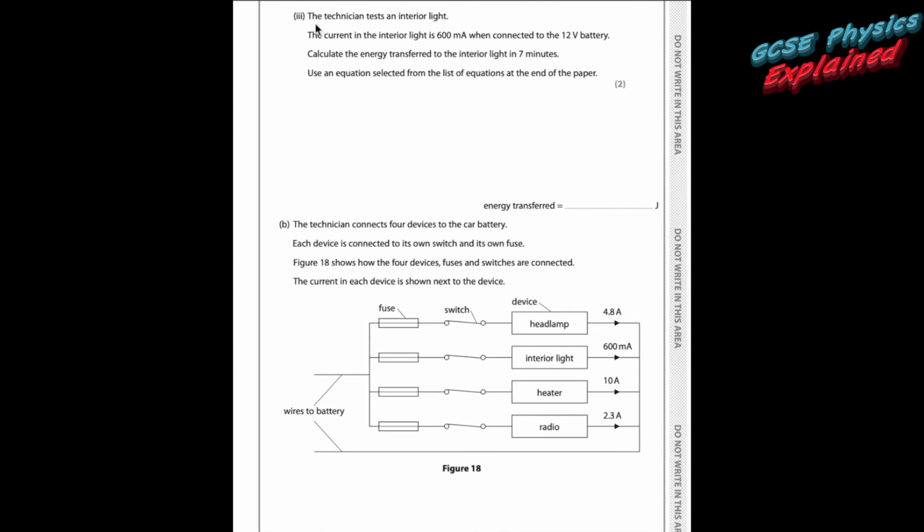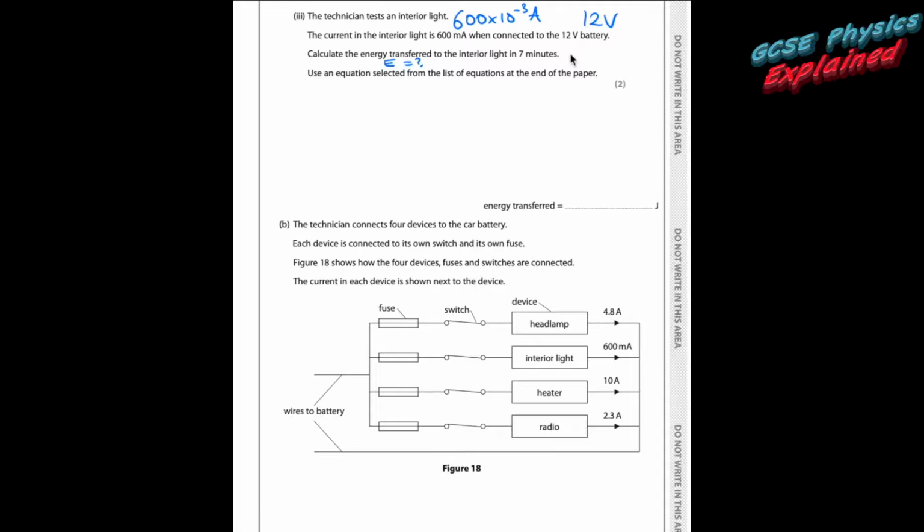Part 3. The technician tests an interior light. The current in the interior light is 600 milliamps, so that's 600 times 10 to the minus 3 amps when connected to the 12-volt battery. So 12 volts. Calculate the energy transferred to the interior light in 7 minutes.